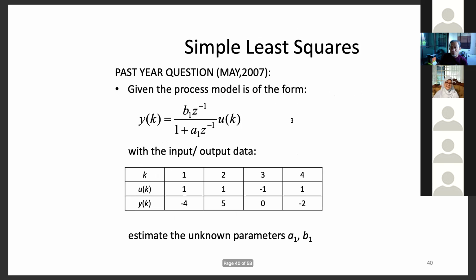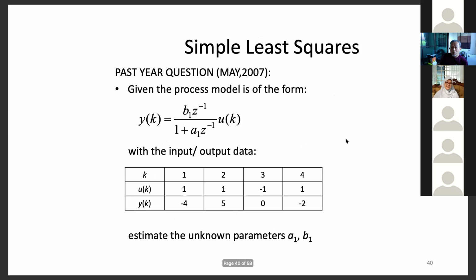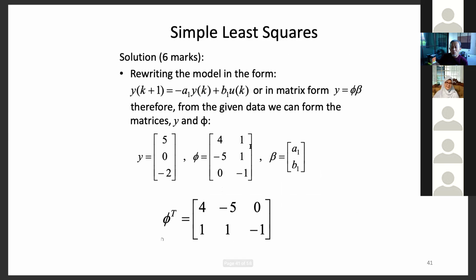So negative 4, 4 minus 5, 0, will be in the first column. And then plus uk, so you can take directly from the table u1, u2, u3, so 1, 1, and minus 1.